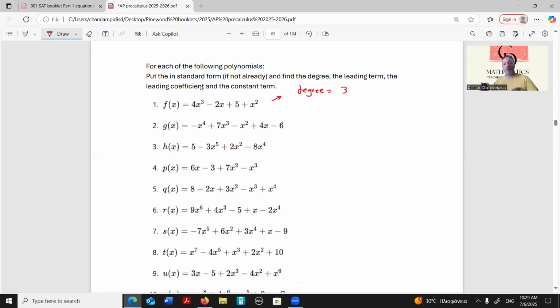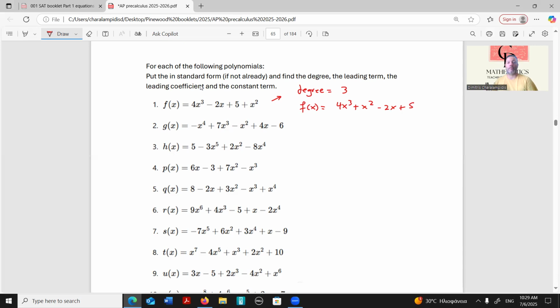Is this already written in standard form? From the third power, then we move to the first, then to the constant, and then to the second? No, it's not. What should I do to write it in standard form? I should rearrange terms. Okay, so in standard form, I should start with the biggest, 4x cubed, then plus x squared minus 2x plus 5.